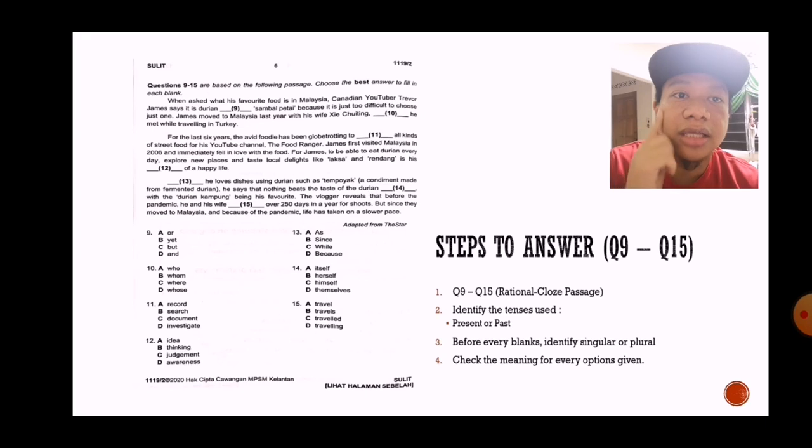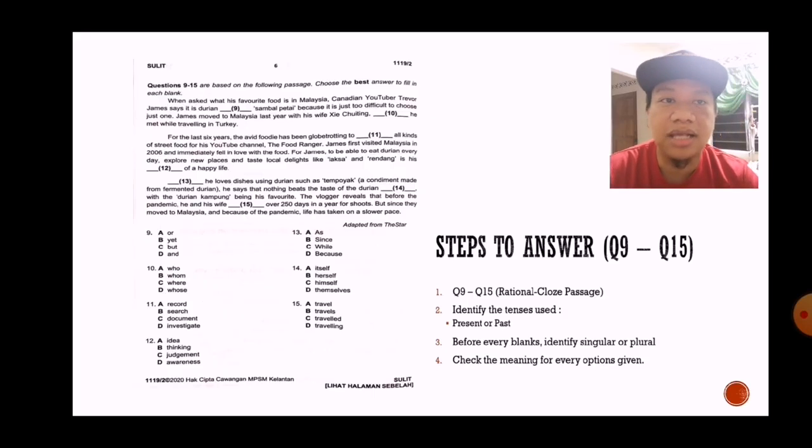Alright, so Si Chui Ting is the name of a person. If you see the name of a person, of course for number 10 you have to choose the option which refers to a person. So let us look at A. A is who, B is whom, C is where, and D is whose.